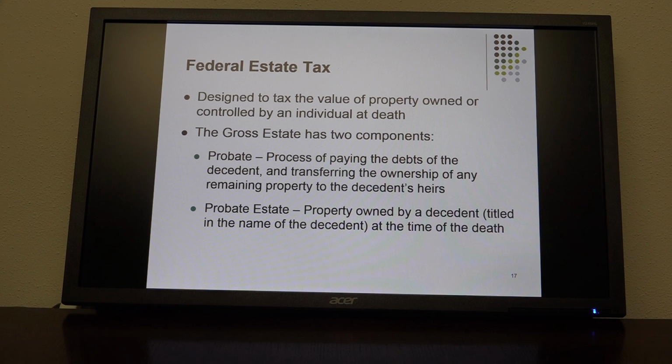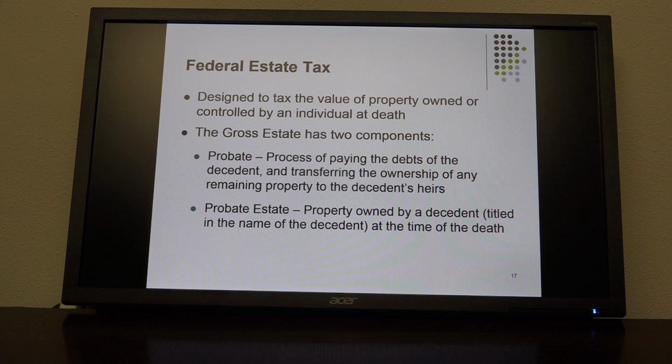The reason it's broader is because the probate estate does not include things that automatically transfer at the decedent's death. Some examples of property that transfers automatically at the decedent's death are joint accounts with right of survivorship. You see that often with bank accounts.